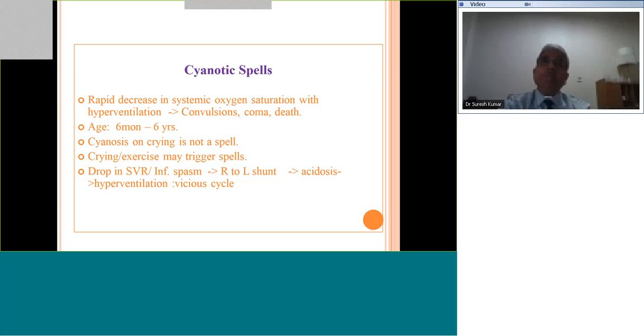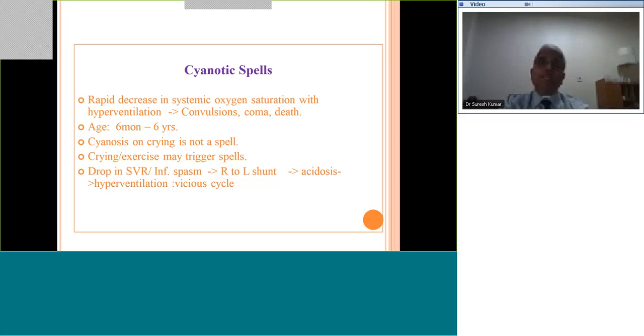But in the case of the baby in cyanotic spell, the increased activity of the respiratory center and the increased respiratory muscle activity is only a muscular activity. It's not accompanied by an increase in the flow. So in effect, it is only adding to the muscles which are acting anaerobically. So it further causes a drop in the pH and further worsens the spell. This is the common mechanism of cyanotic spell.